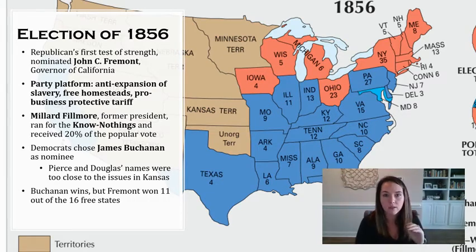This is a party that was formed because of the issue. And they are going to win 11 out of the 16 free states. And Southerners are starting to kind of notice a trend with that. And so it's kind of like foreshadowing a little bit.